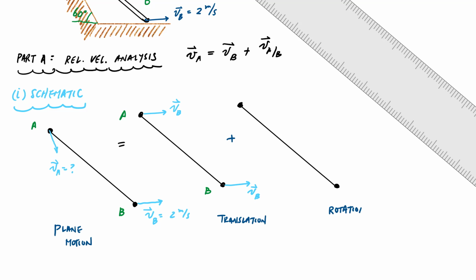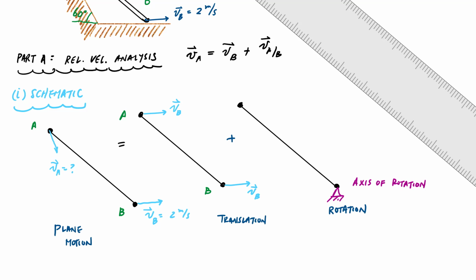It's like I'm putting B in its final position, and now I put a pin through point B, which becomes the axis of rotation. Now that B is in its final spot, I just need to rotate the system so that A gets to its final spot.